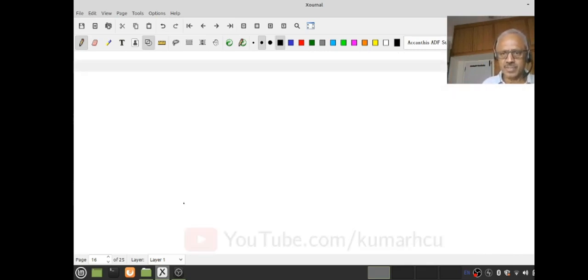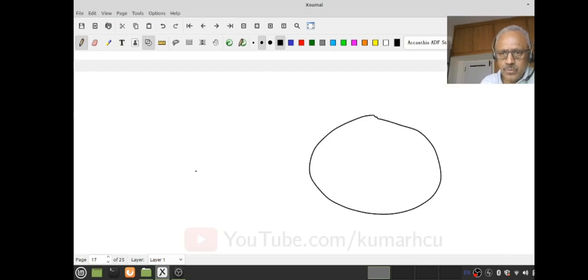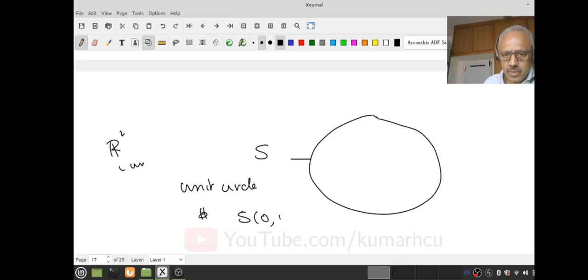There is one more small example. Suppose I have the unit circle in R2. What is the unit circle? This is the sphere of radius 1 in R2.